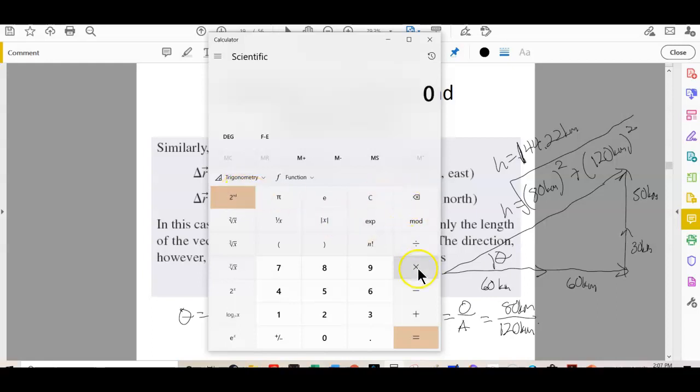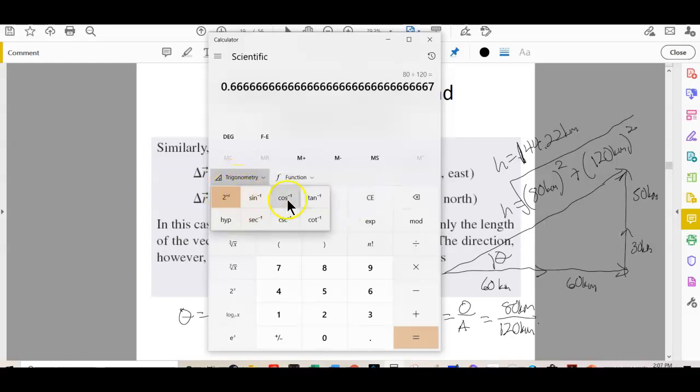Let's try this again. 80 divided by 120. I guess on this I have to hit second function, and second function tangent. So it looks like this angle here is going to be, that can't be right. Let me try that again. 80 divided by 120 equals, okay, and now I'm going to do that. Second function tangent.